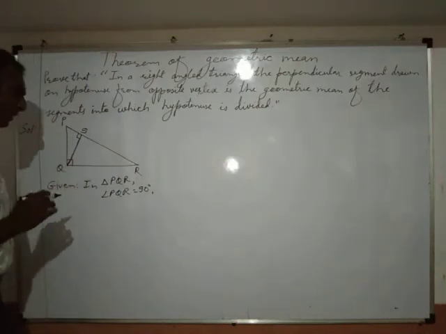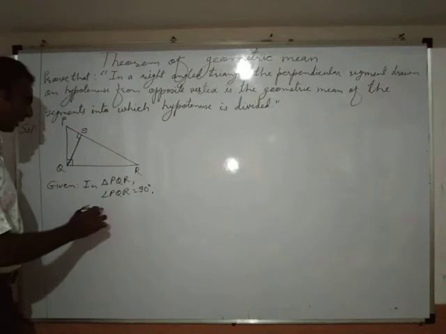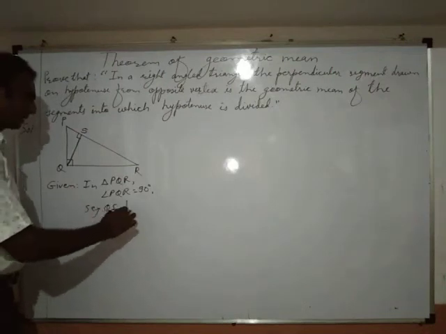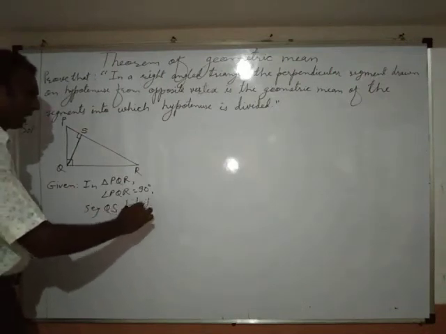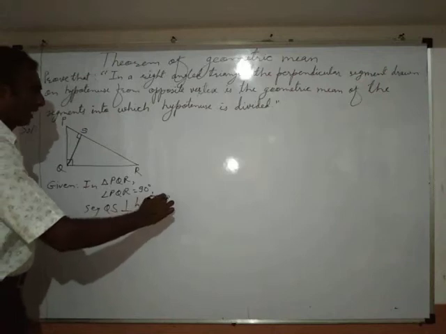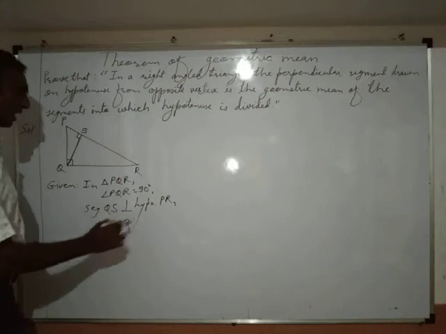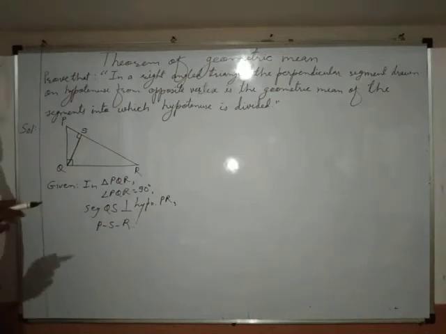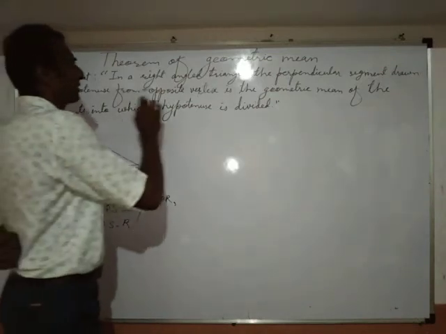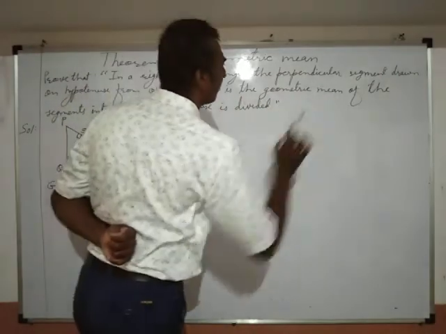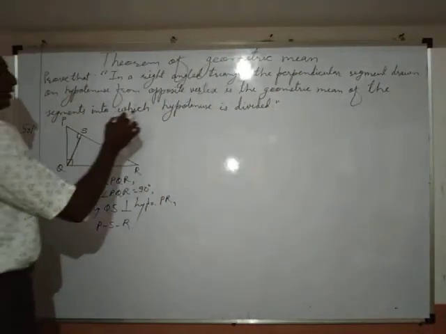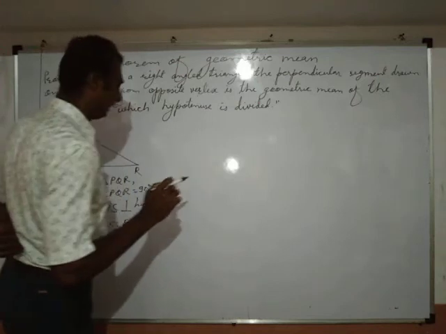Now in this triangle seg QS is perpendicular to hypotenuse PR such that P-S-R.